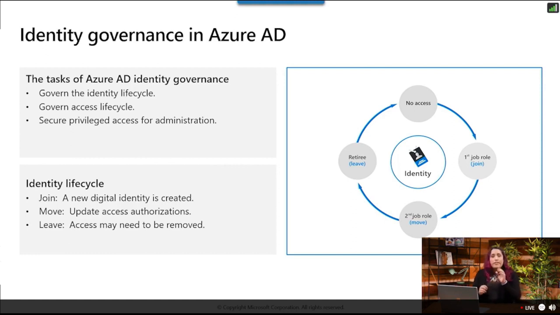Now, the access lifecycle only applies while the user is employed at the organization. Let's say, for example, I have an employee who joins the organization and starts off as a payroll admin. They're only going to have access to the applications and the data that they need. But what happens when they get promoted? Maybe they go from an admin to a specialist. Their access level will need to change.